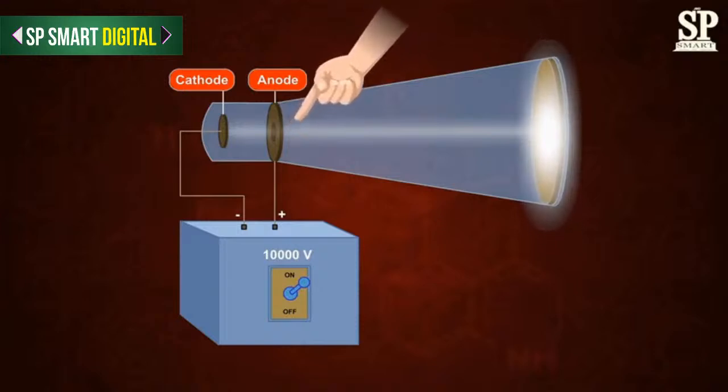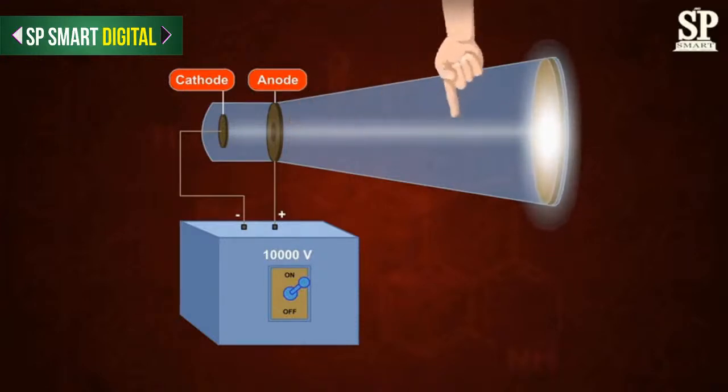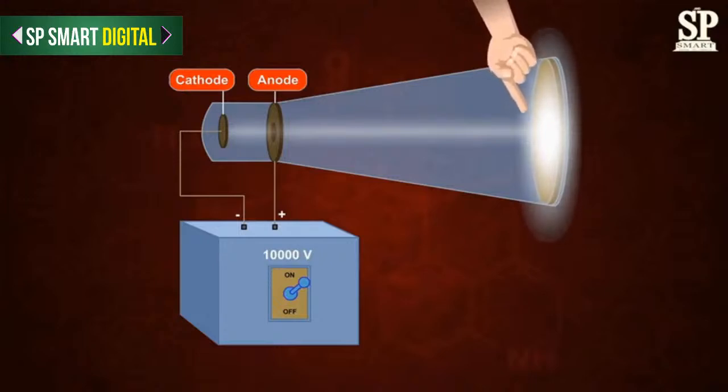The anode consists of a hole through which these rays travel and strike the curved surface, creating a bright glow at the end of the tube. Actually, it is a stream of electrons evolving from the cathode, which being negatively charged get attracted to the anode. As we know, positive charge attracts negative charge and vice versa.